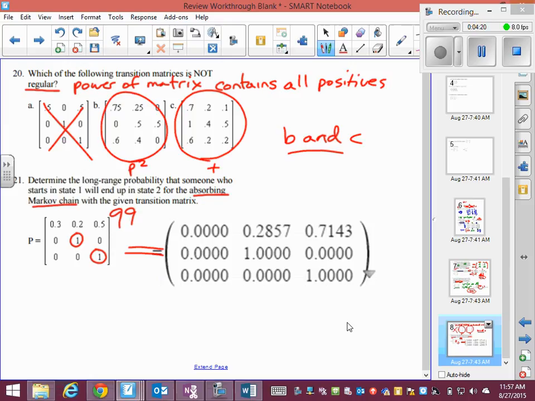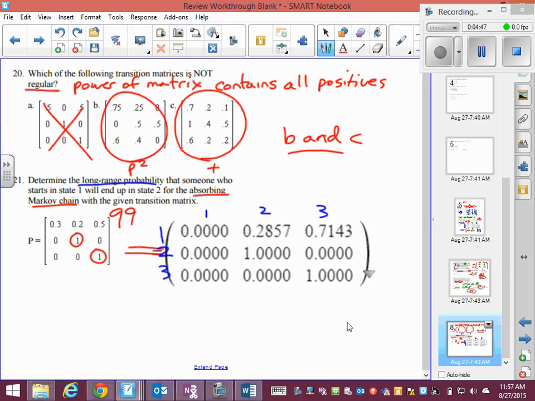Sometimes when we do long-range probability, the 3 rows match. And the 3 rows don't match here, but that's because the absorbing states do something weird. Where you end up depends on where you started. So you have to think about where you started and where you ended. So the right answer has to do with where you started and where you ended.